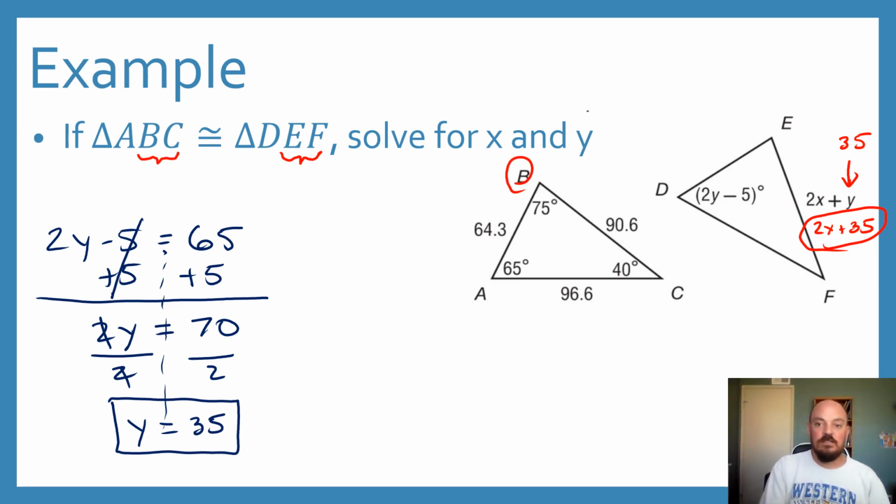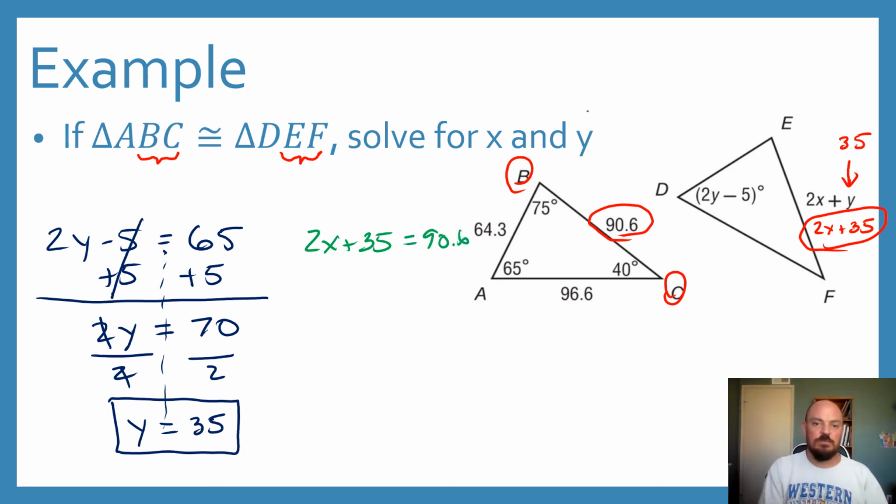That's B to C, which is 90.6. So that's going to be my second equation. The two things that are circled are equal again. I use the congruent statement to match up equal parts. My second equation here is going to be 2x plus 35 equals 90.6.